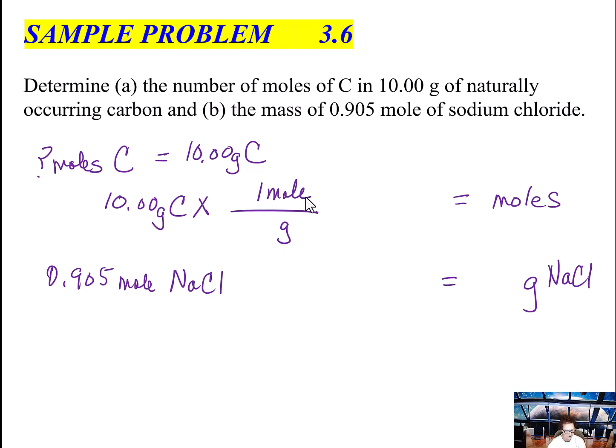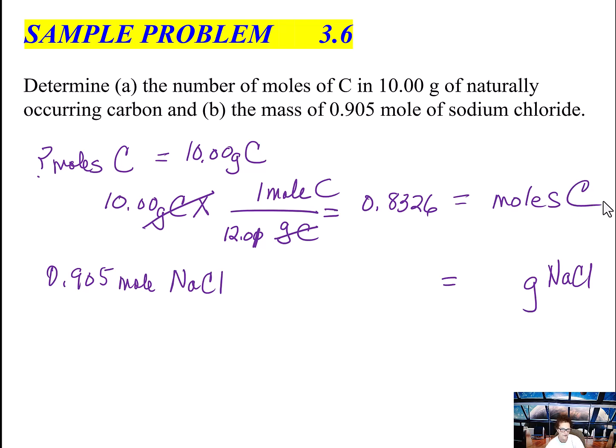In carbon, there are 12 grams in 1 mole of carbon, and your periodic table may say 12.01 grams. Either one. I know I'm doing this right because I'm going to get rid of my grams and be left with moles. When I do that math, I'm going to have 0.8326, and I can use 4 significant figures, moles of carbon.